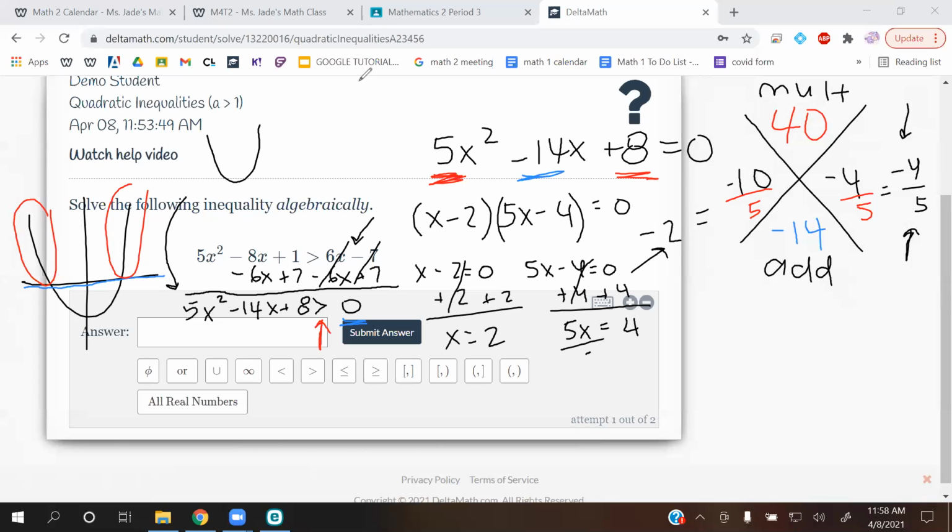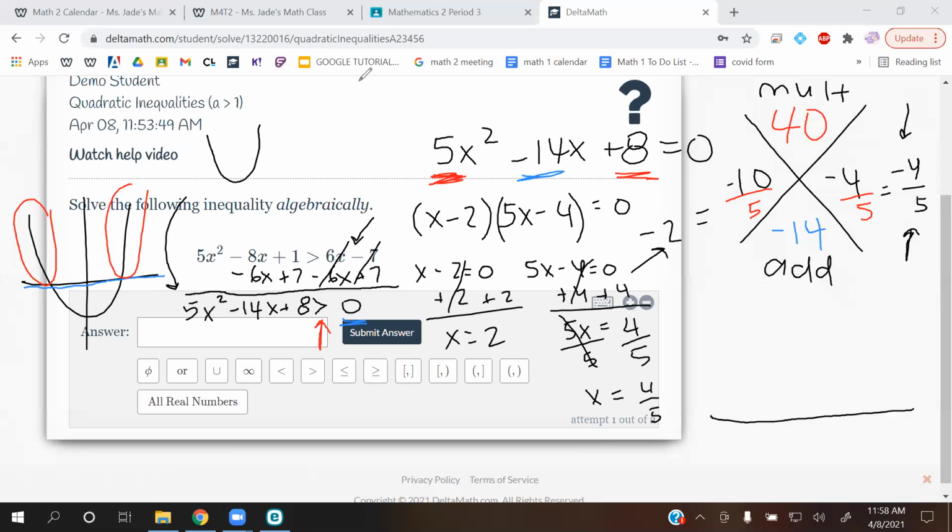Then divide by 5. Those cancel out. x is equal to 4/5. Yes, it's a fraction. That's totally fine. A fraction is just like any other number.